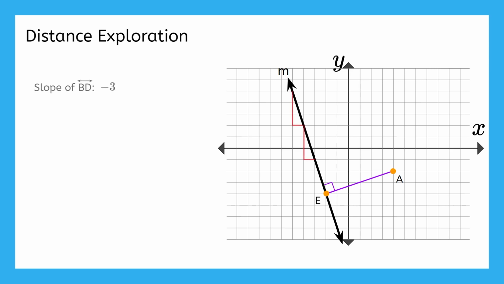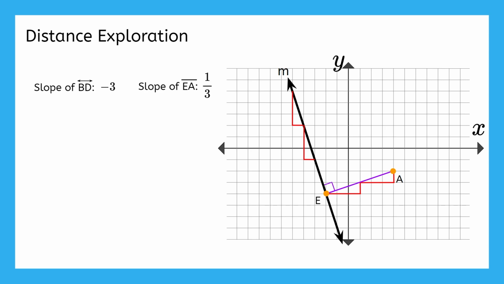We can see that between each point, the rise is -3 and the run is +1. That makes a slope of -3. What about the slope of segment EA? We can see that between each point, the rise is +1 and the run is +3. That makes a slope of +1/3.